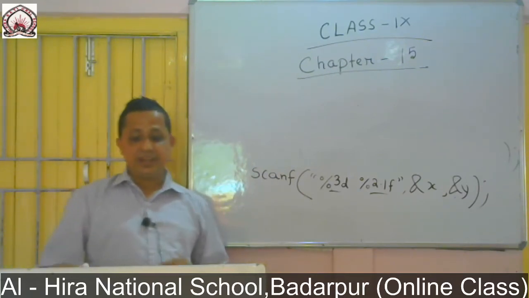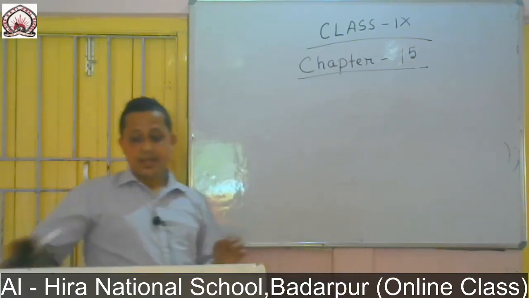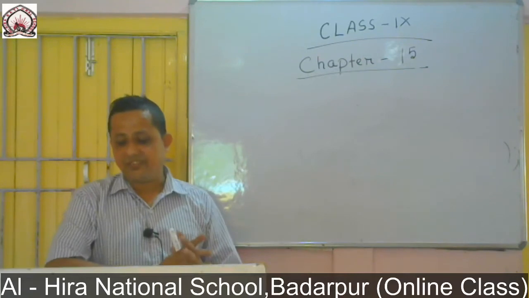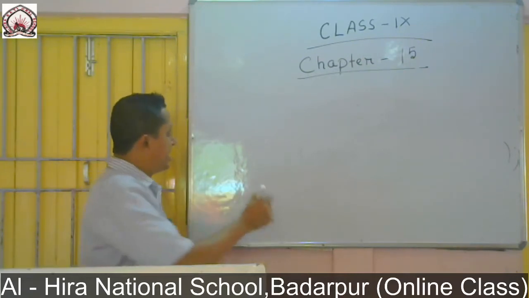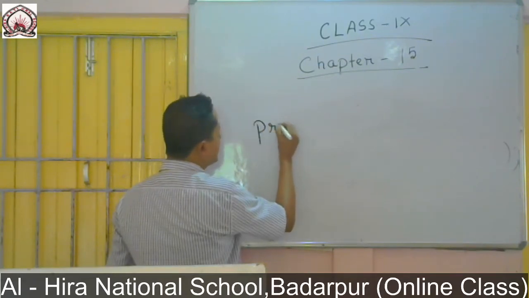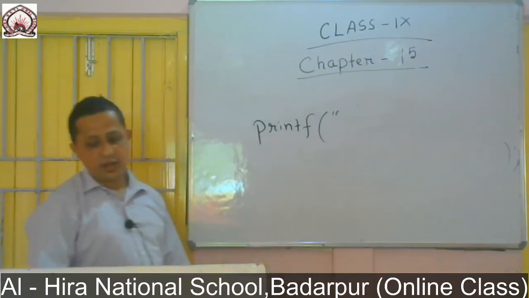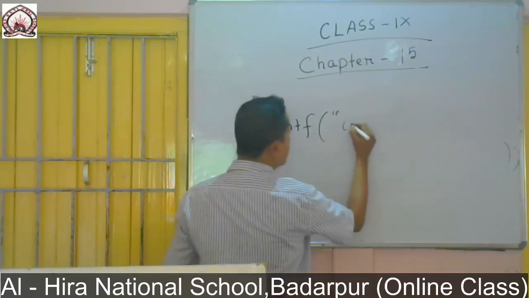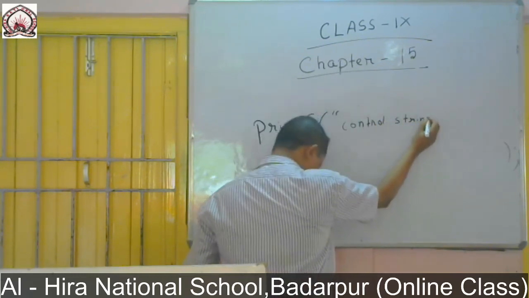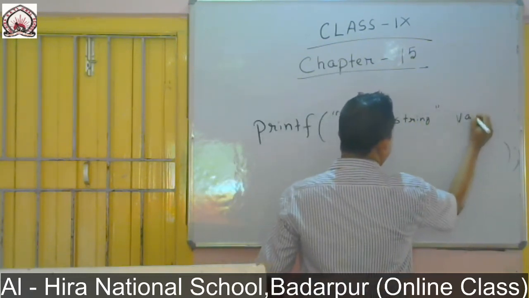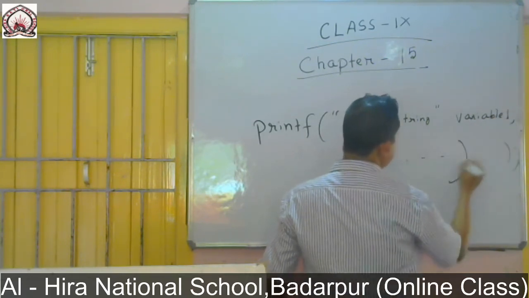Now coming to printf. The printf function is used to display the value stored in the variables on the screen. The general format of printf is like this: printf, then we have the control string, variable 1 comma variable 2, like this.